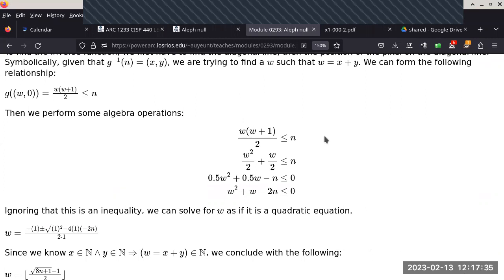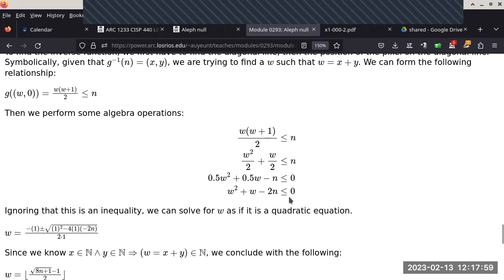If I have to identify one thing that is truly tricky about finding the inverse of the whole thing, it is to convert from an inequality to an equality. That is the only really tricky part. Based on what we know about the diagonal lines and about the G function, we can set up an inequality.